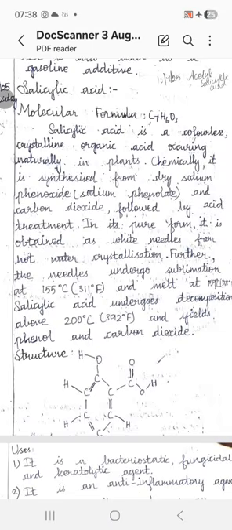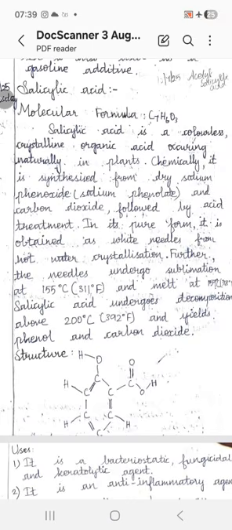Salicylic acid is a colorless crystalline organic acid, occurring naturally in plants. Chemically, it is prepared from dry sodium phenoxide and carbon dioxide by acid treatment. In pure form, it is obtained as white needles by hot water crystallization.